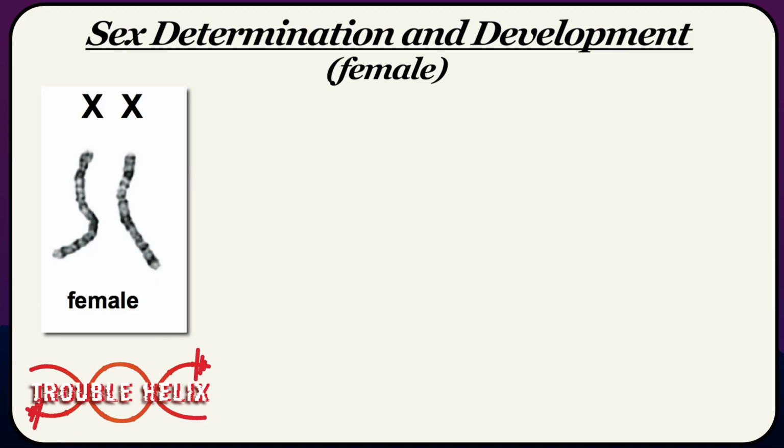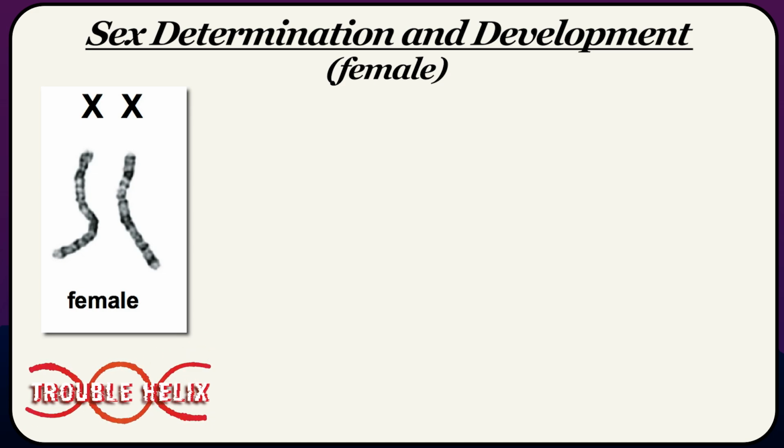Lack of a Y chromosome is what determines female sex, and the regular style chromosome combination is XX. Without SRY, female development may seem like the default path, but in reality, it's an active process that still calls for the coordination of female sex genes and the suppression of male sex genes.